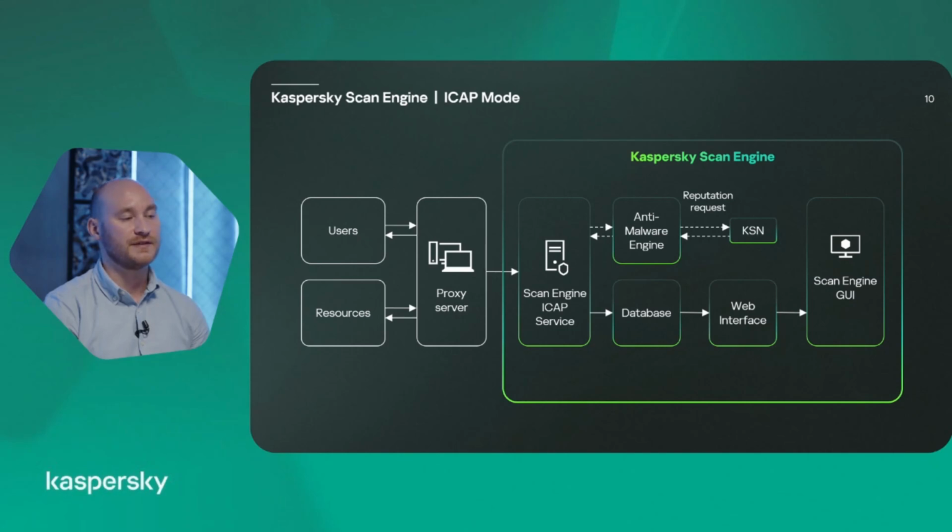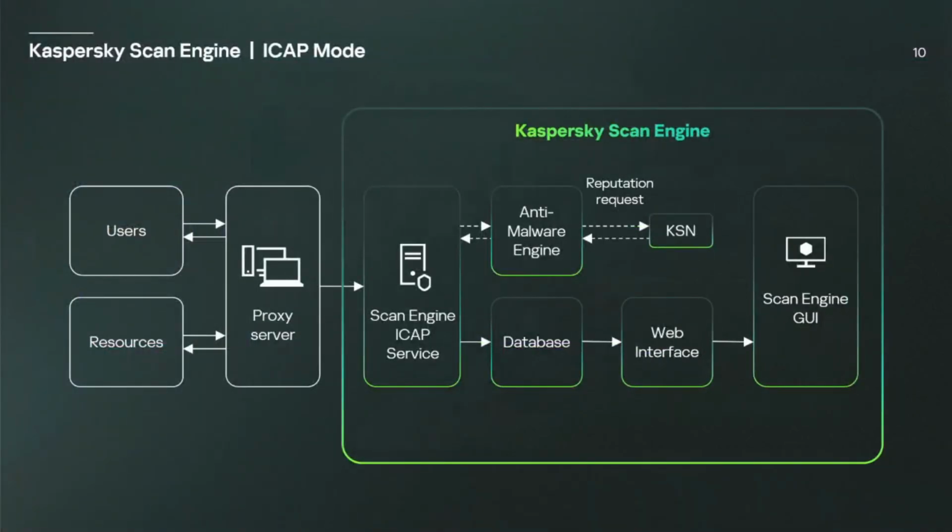So let's see how scanning works in ICAP mode. Users request some external resources. They can be links or files. And all this traffic is passing through the proxy server, and it is forwarded for scanning towards the Scan Engine ICAP service.